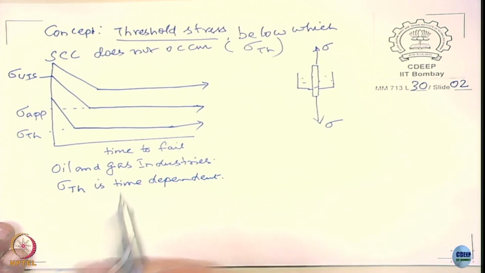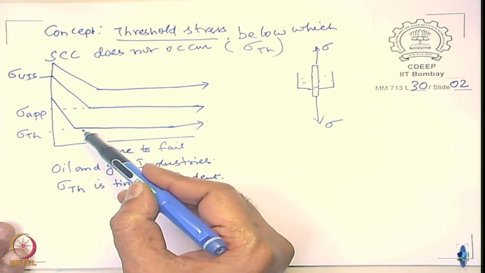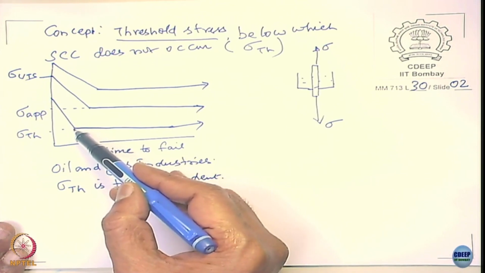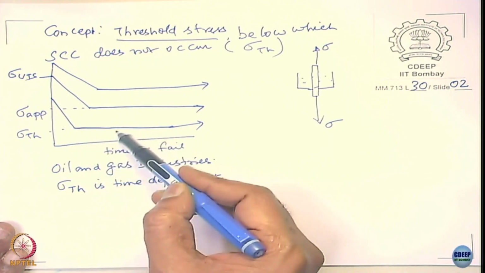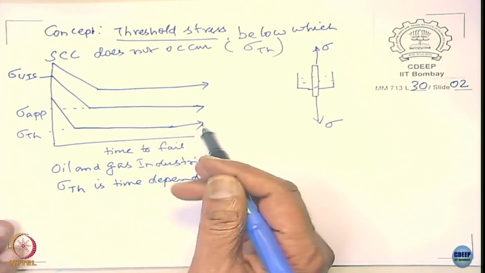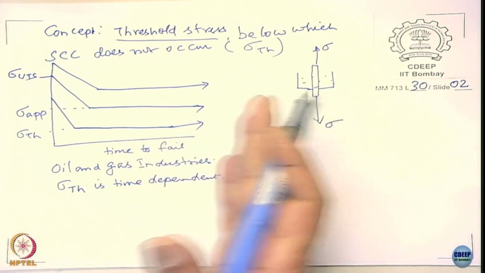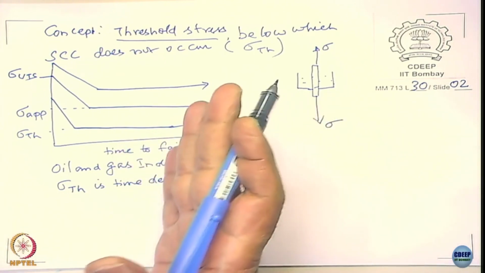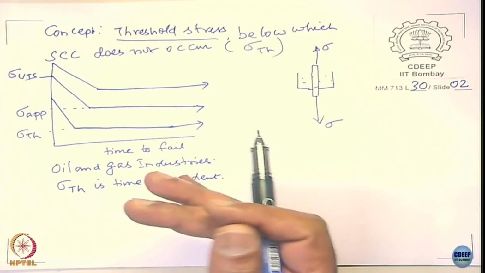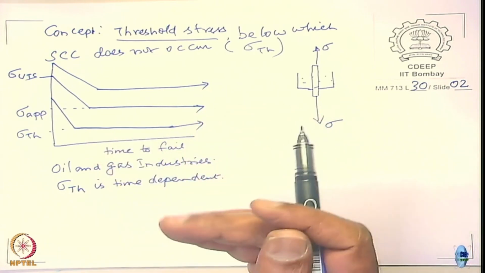What do you mean by that? Suppose here it starts failing, so you know that here it does not fail. What is the time you wait for, right? So generally the time is, say, 1000 hours or 720 hours. If you wait for more, it may start failing, okay.